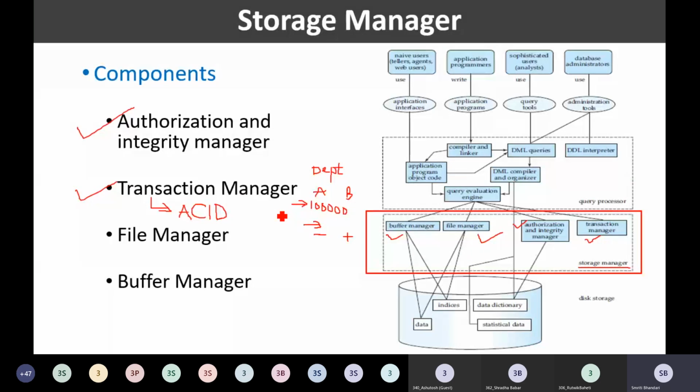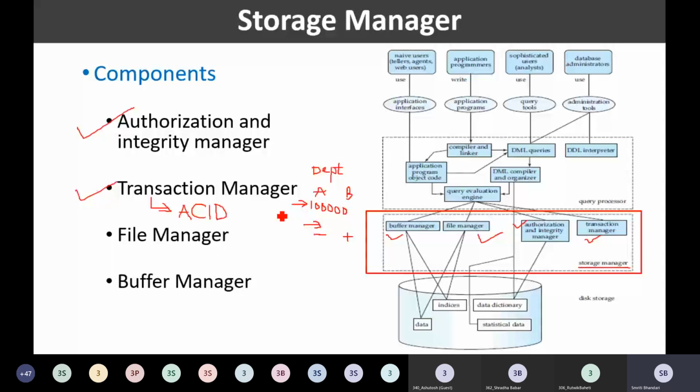So once again, there is a possibility that my database system may enter into the inconsistent state. So we are having concurrency control manager also, and that is taking care of such kinds of concurrent operations.